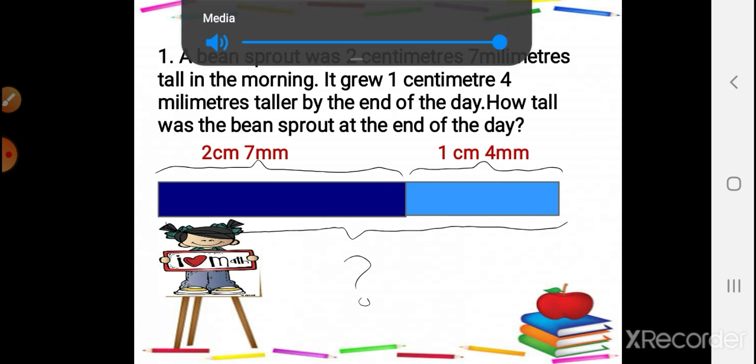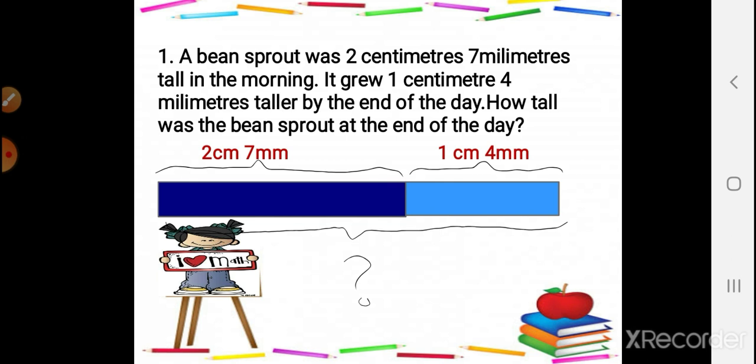Here we can plan to draw a bar model. So we drew a bar model. The third step is to answer the question. The question is: what is the total height of the bean sprout by the end of the day?